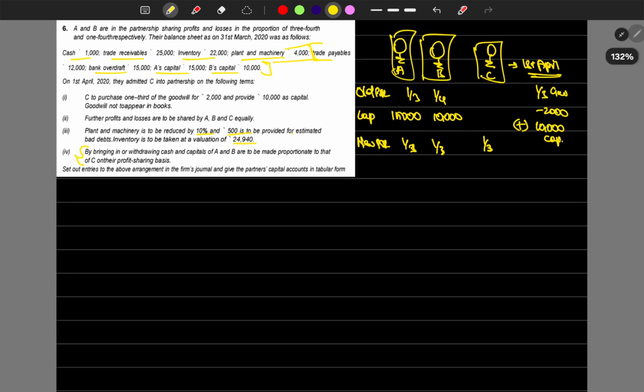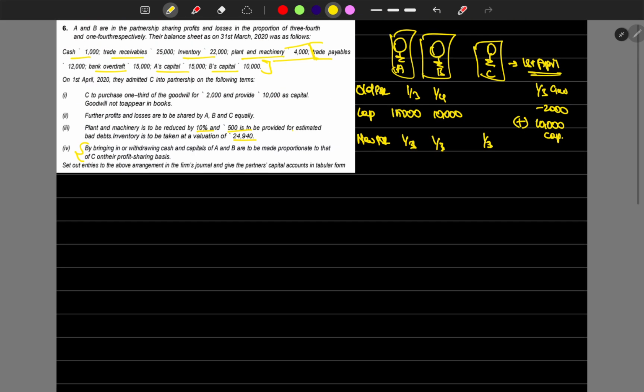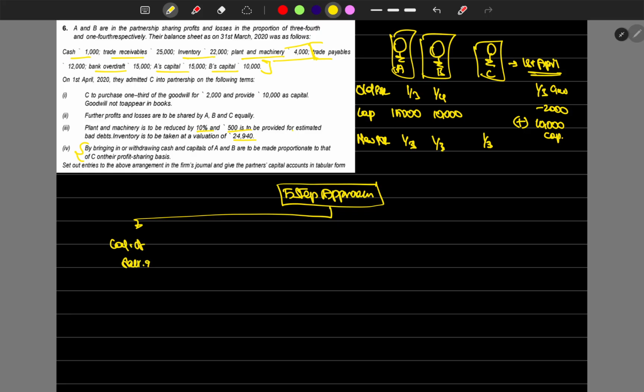So we'll solve this problem. What's the 5-step approach? We follow the 5-step approach. First step, always, is calculation of sacrificing ratio.